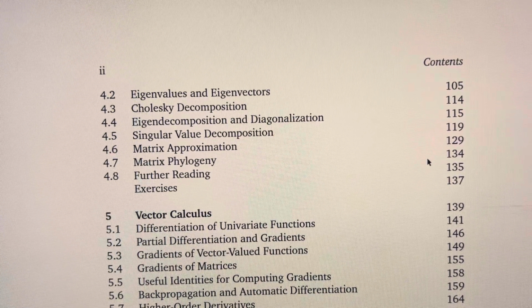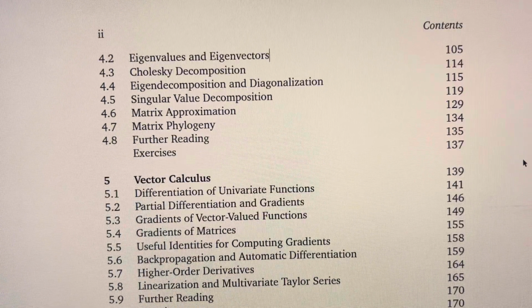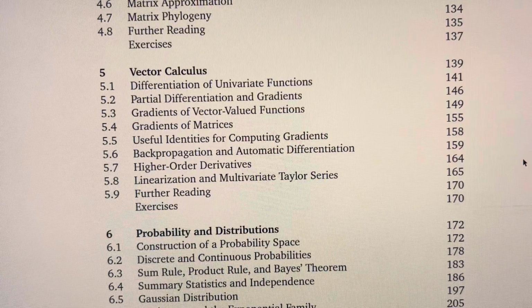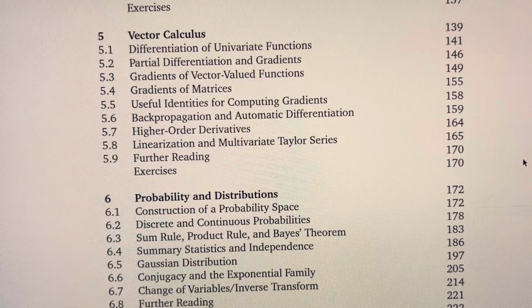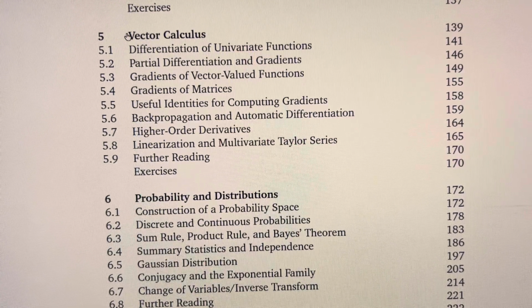After chapter 4 we'll go to vector calculus, which is chapter 5. Again, if you have done single variable calculus in your school, that will be considered a prerequisite for it. If you've forgotten some of it, you can go to Khan Academy and refresh some of the basics, right?